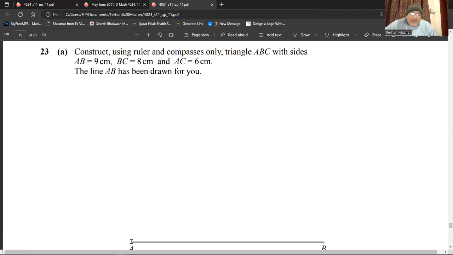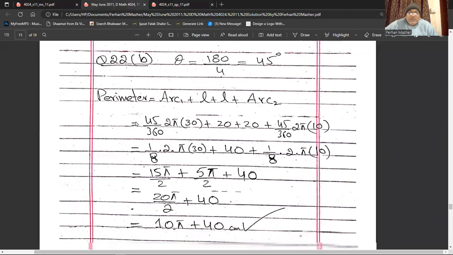Put the needle of the compass on A and put an arc here of radius 6 centimeter. Where the arcs intersect each other, that is the point C. So put a dot there. And then join C with A and C with B.